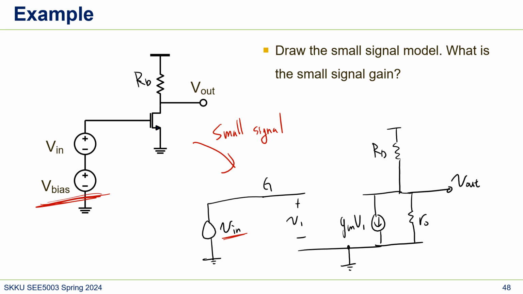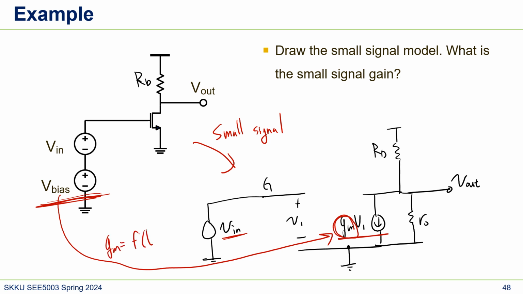This V bias is actually impacting this gm. So gm is a function of V bias. Even though when we draw a small signal model we remove this V bias, we consider V bias in terms of this small signal parameter. We'll come back again in the in-person lecture because this is very important.